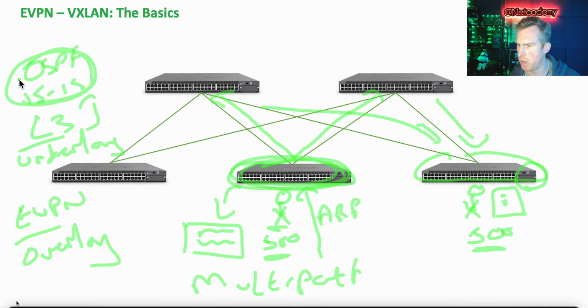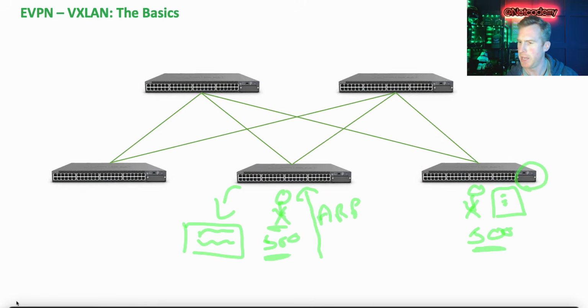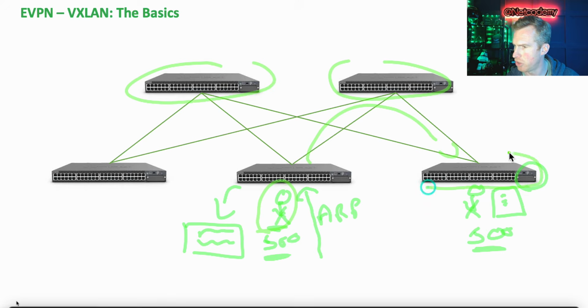It's a multi-path feature. And because EVPN has already signaled over to this device here that if you want to get to this host, you can go through this switch here or this switch here, this switch knows it can do load balancing.